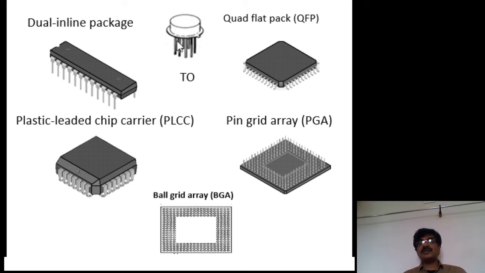This is called the transistor outline package, this package is called quad flat pack, whereas this is called plastic leaded chip carrier package, this is pin grid array, and this type of package is called ball grid array. Like that, integrated circuits are available. One of the requirements for choosing the type of package is the number of pins.